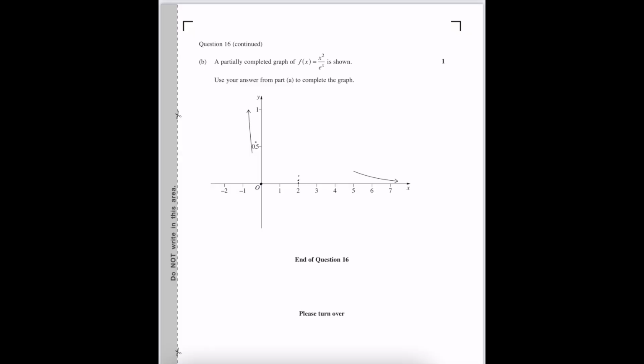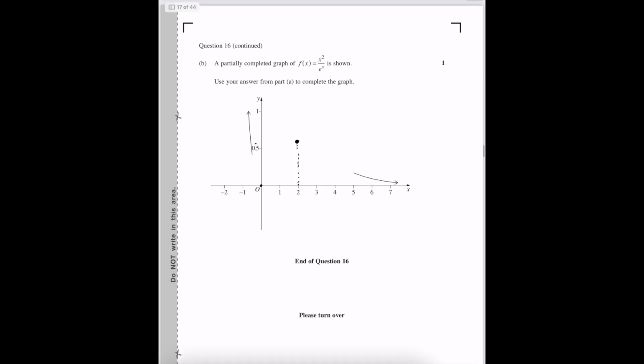And then at 2 and 0.54, which is just above 0.5, let's call it here. That's our maximum. So we just fill in the blanks, ensuring that we have a minimum and maximum at those specific points. And then we should just always label 4 on e squared. And this is 0, 0.